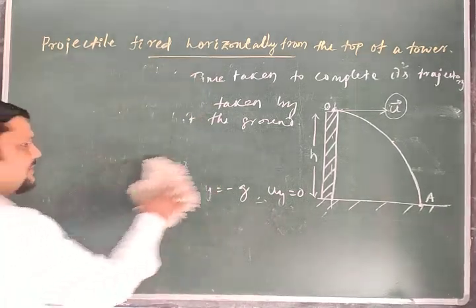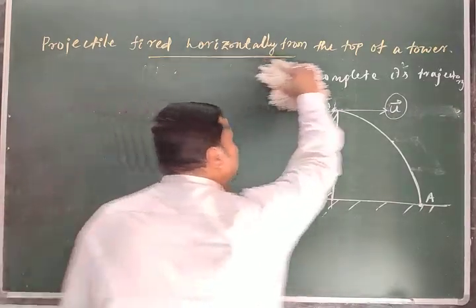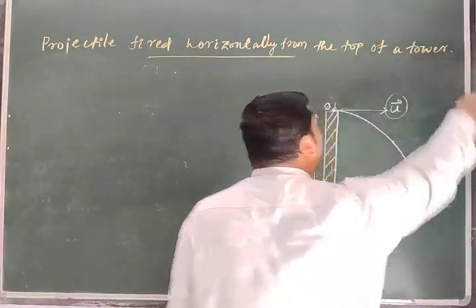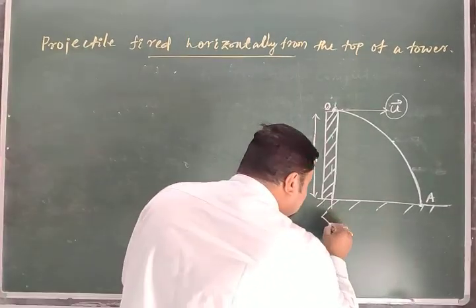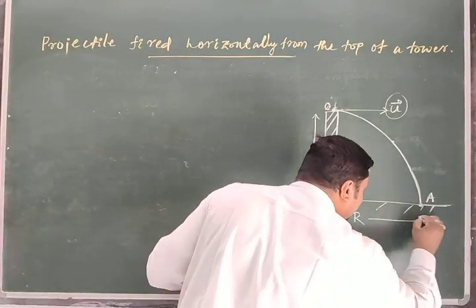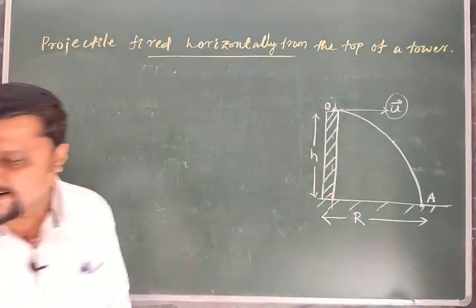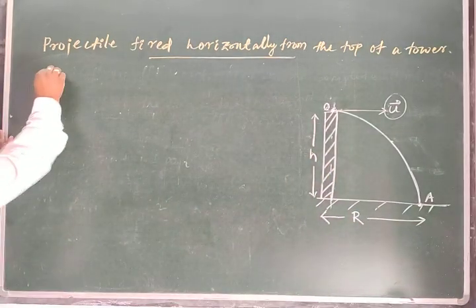Yes. Next we will go for another part. We will find out the horizontal range. What is this horizontal range? Already you know, this distance is called your range. That is your R, the horizontal range. That part I will find. So next is your horizontal range.